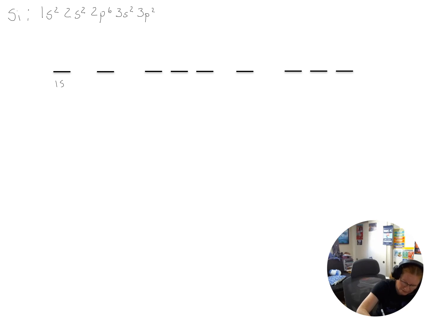We're going to get 1s, 2s, 2p, 3s, 3p. And we can number our electrons: 1, 2, 3, 4, 5, 6, 7, 8, 9, 10, 11, 12, 13, and 14.